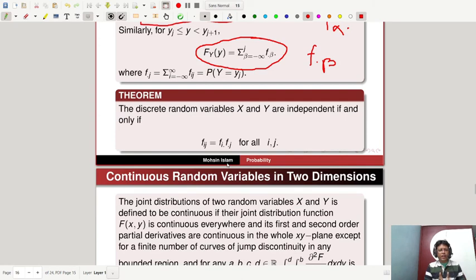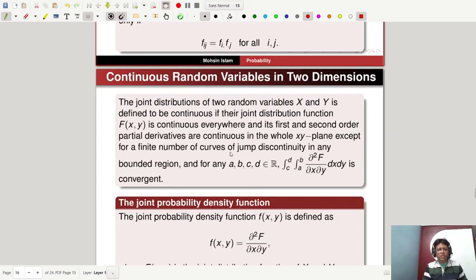Now two discrete random variables X and Y are independent if and only if fij equals fi dot times f dot j, that is, the multiplication of two separate functions, an individual function for i and for j.